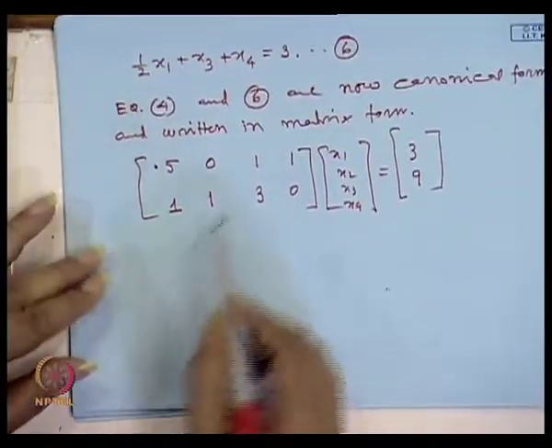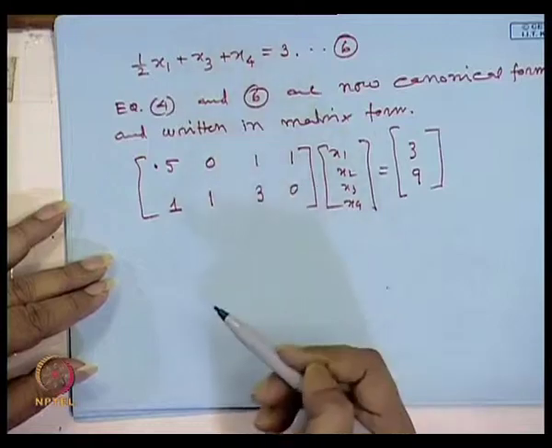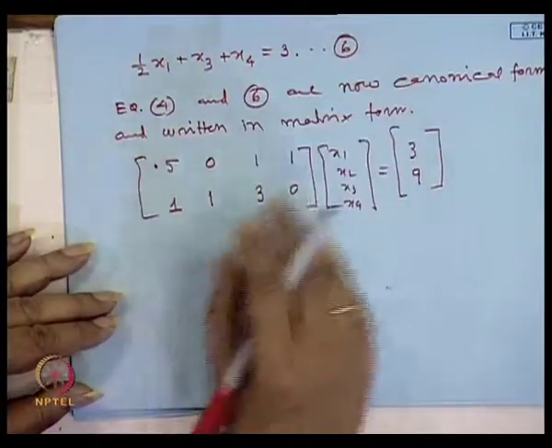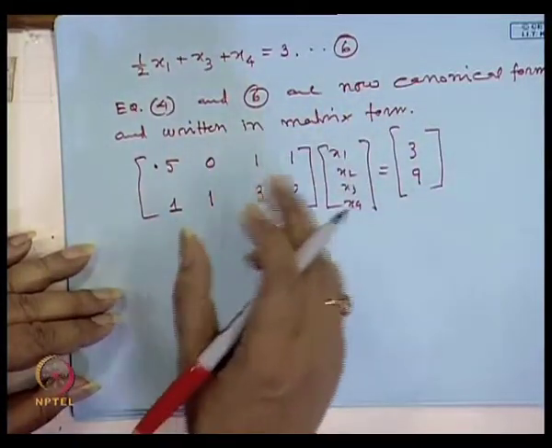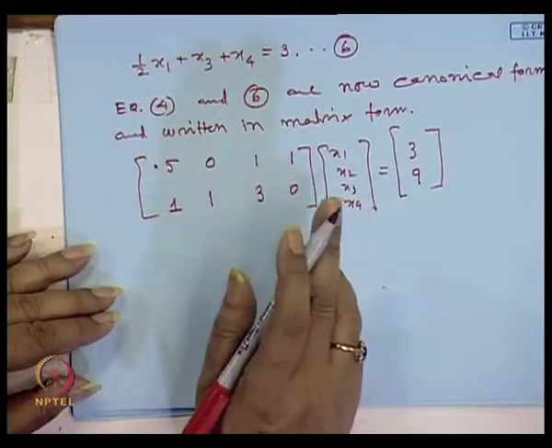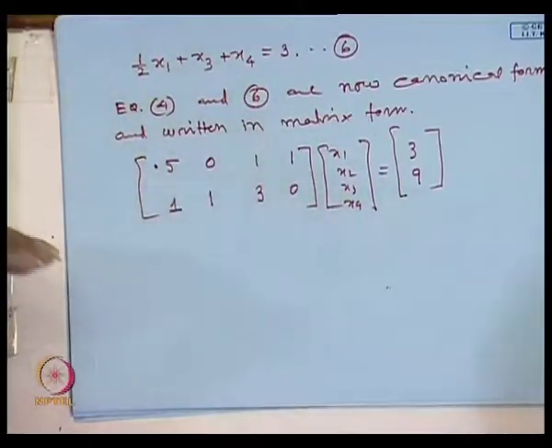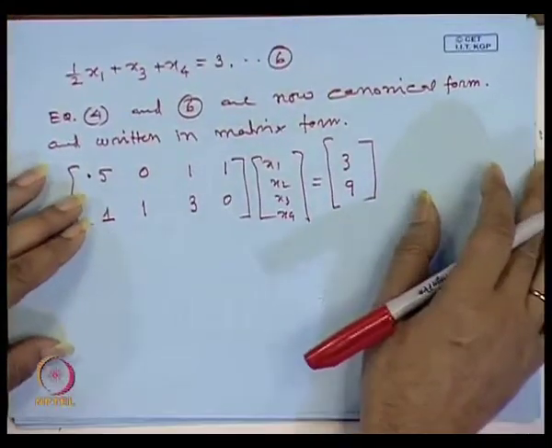Okay. Now you see this is a canonical form. We can get this directly from the original matrix A by using row operations, which we are now expressing in terms of matrix.